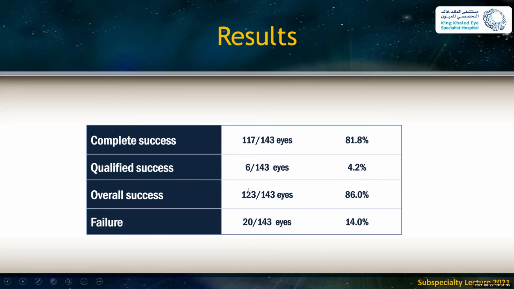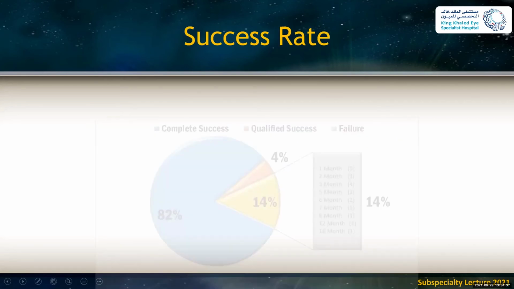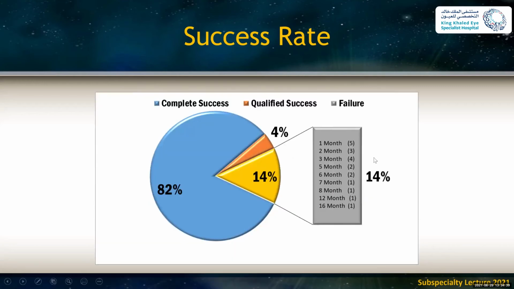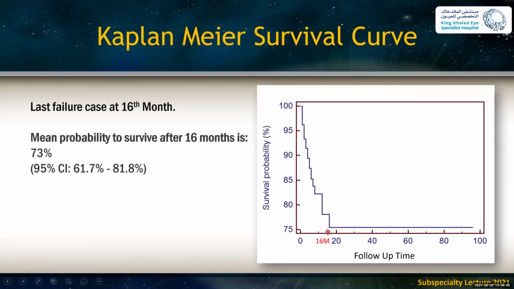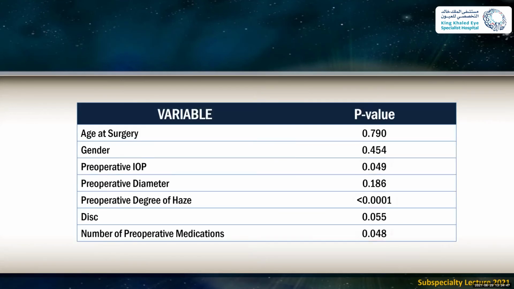So this is very important. Most of the failures occur within the first 6 months. What we found is that the variable that may affect the outcome of deep sclerectomy in this series was the degree of haze, probably the important risk factor for failure.